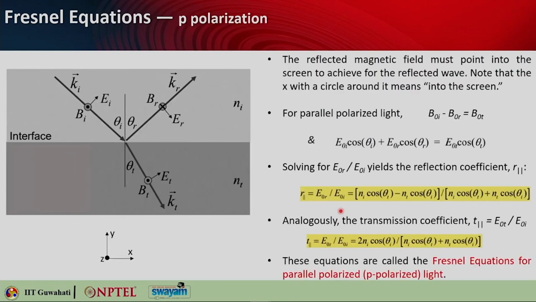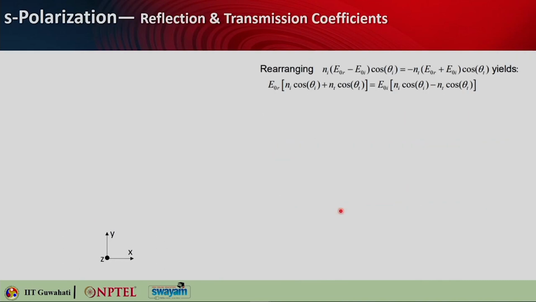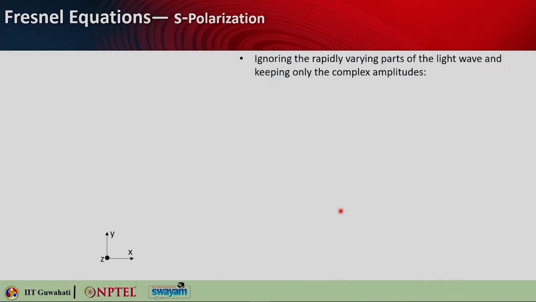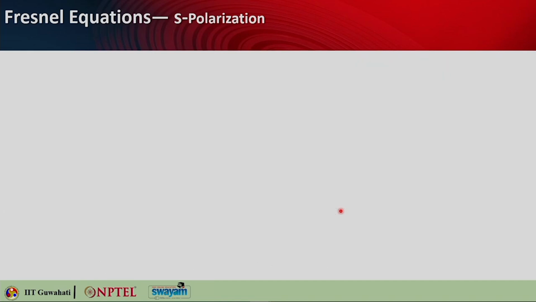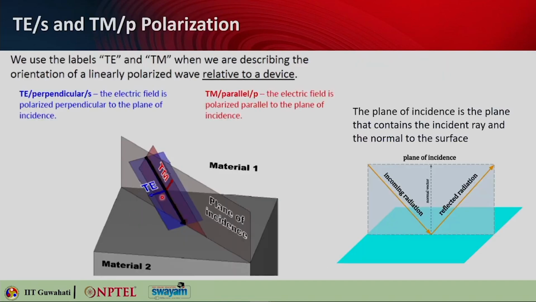It is also very clear from this particular case, if you go back to the definition, that when the incident angle is 0, you are actually having light incident like this. In that case, this plane and that plane are also identical, because you will not have a unique plane.